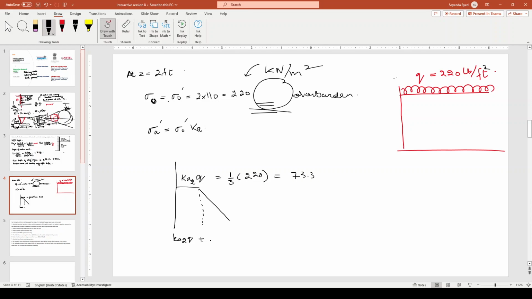And then at the bottom, it will be Ka2 q plus Ka2 into gamma 2 into total H minus H1. If this is the clay and this is H1 and the bottom is the sand and this is total H, this is equivalent to 3. This will be 1 by 3 times 220 plus 1 by 3 into 108 into 3.